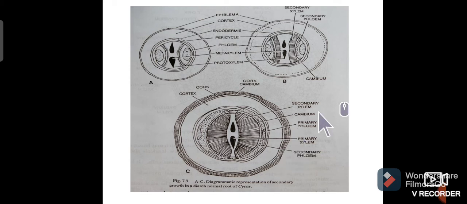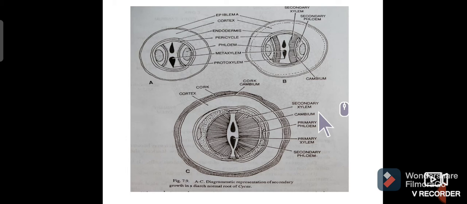Now, besides the secondary xylem and secondary phloem that is formed, as you can see in this figure C, the cambium cuts broad parenchymatous rays.